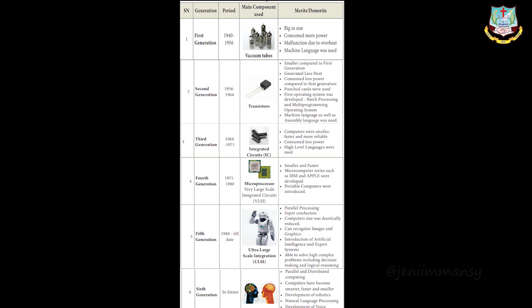In between that you can put an arrow, and instead of this diagram you can just write robotics and human brain. Okay, so all these columns must be there: serial number, generations, period, main component used, merits and demerits.